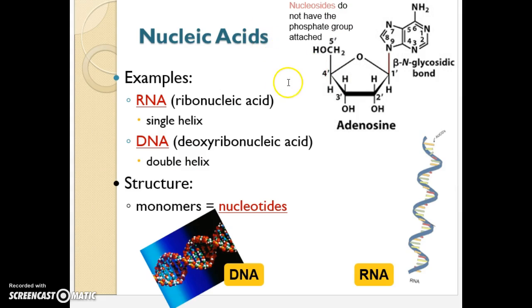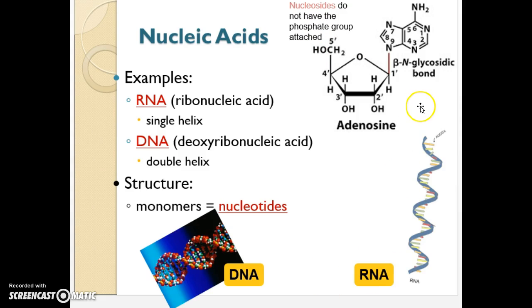So again, remember that a monomer of a nucleic acid is a nucleotide, and it has 3 parts. You can think of the T in tide as standing for 3 parts. So it has the base, the sugar, and the phosphate group. Whereas the nucleoside, again, does not have the phosphate group.